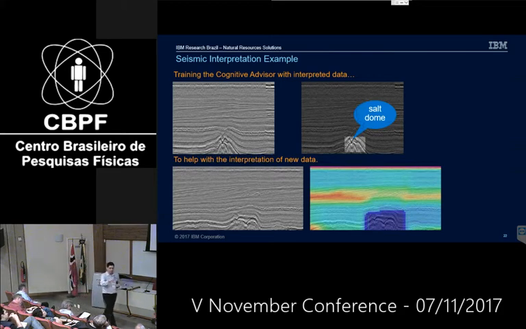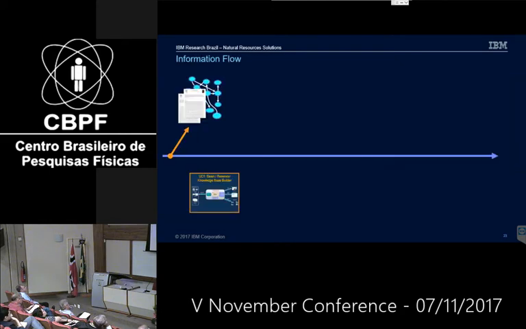I can combine that beyond the interpreter's eyes, because normally you won't see just one image. We can see 4, 5, 10 images at the same time and bring the most relevant information to you.